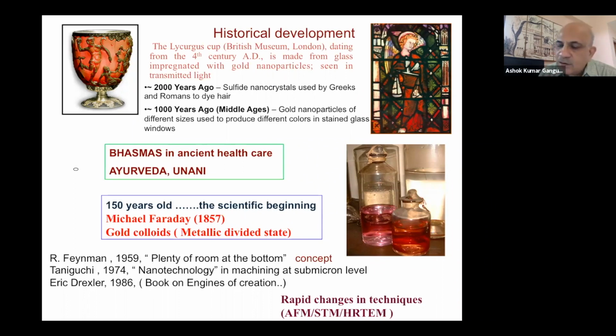So TEM was known from 1939-40 onwards, but the Nobel Prize was given together for AFM, STM, and TEM to three people for microscopy. The STM and AFM directly brought about a revolution in nanotechnology after 1985-86. Real nanotechnology started in the world around that time, and probably in India, nanoscience and technology started sometime around 95, 98, 99.